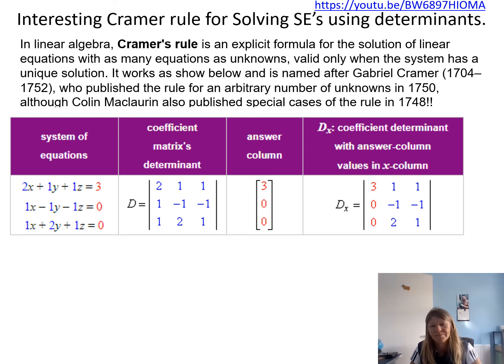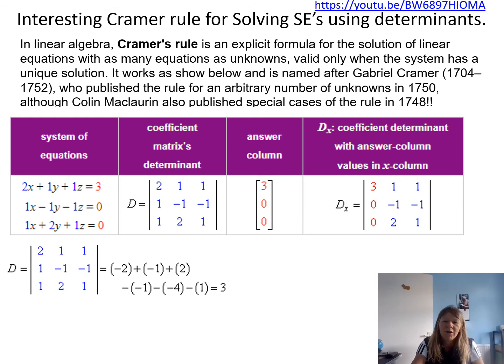Now dx, if you've watched the video, is the coefficient determinant. Basically, it's the same as this one, but replace the x column with the 3, 0, 0. If you find the determinant of D, you can put it in your calculator, you'll get 3.